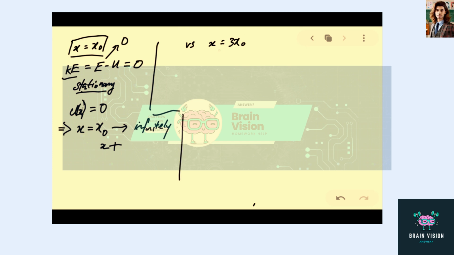However, if we consider the other case where we release the particle from x equals 3x naught, now our initial energy is not 0 anymore. It is some value, so the kinetic energy has some initial value. But again, we want to solve for when it is turning, so our kinetic energy must be 0.